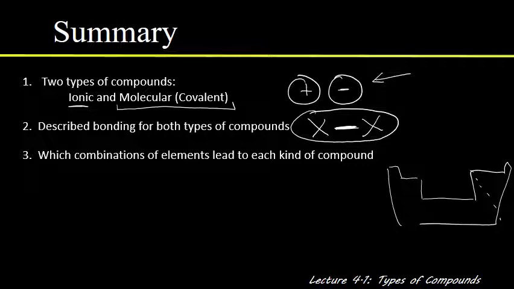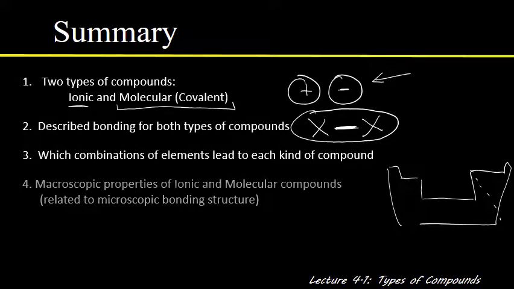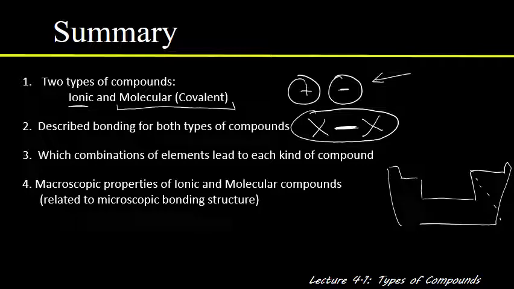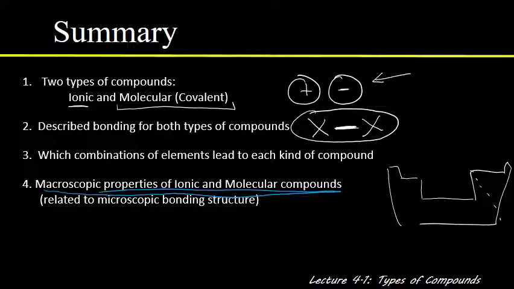So by looking at the formula of a compound or the elements that it contains and then looking at the periodic table, you should be able to predict whether something is a molecular or ionic compound. Right? And then finally, if you know whether something is molecular or ionic, you should be able to predict some, not all of course, but some of the macroscopic properties of those substances based on whether they are ionic or covalent.